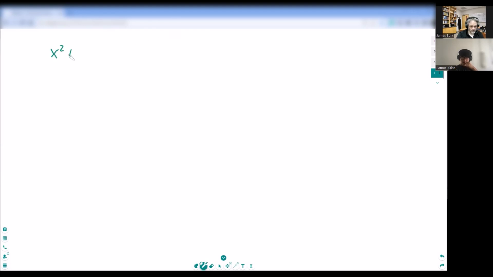Let's say we have x squared, and let's say we have y cubed, and let's say this equals xy. Let's say 2 or something. Now, what I want to do is get everything from one side to the other side, so I'm going to make sure that one of the sides zeroes out like this.